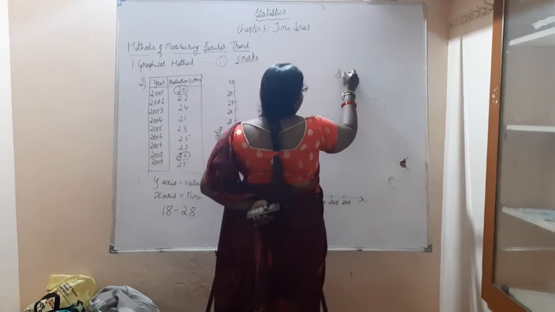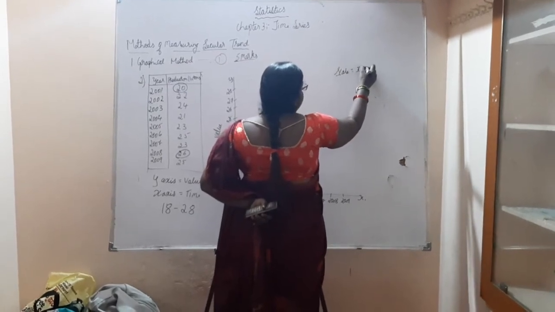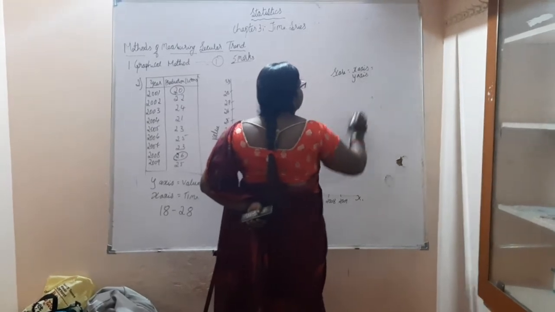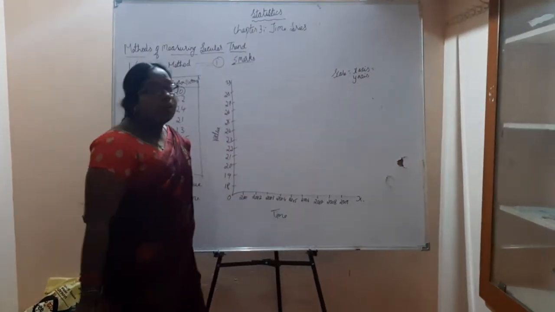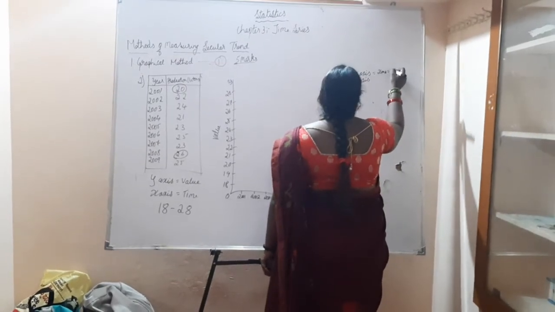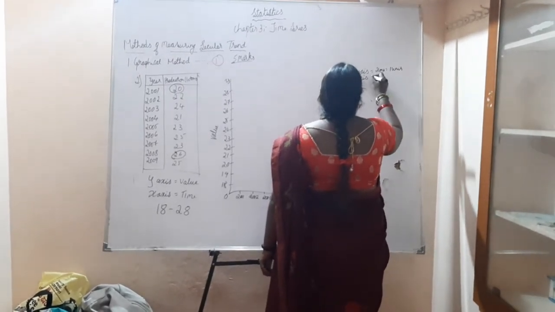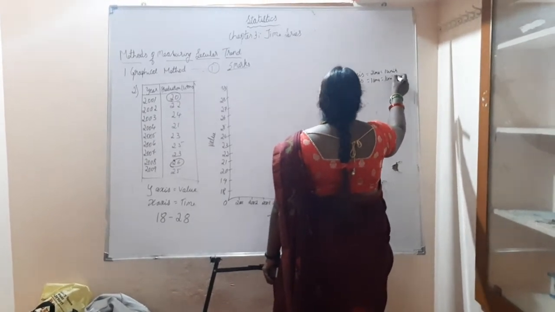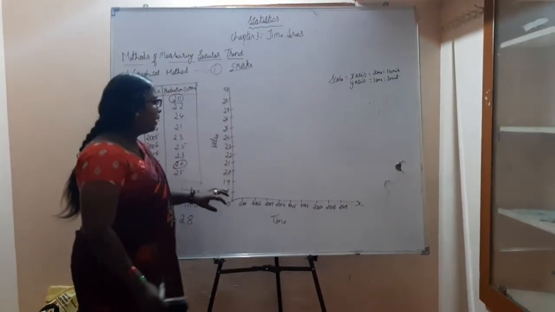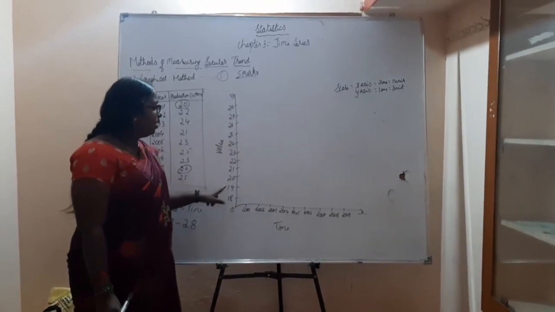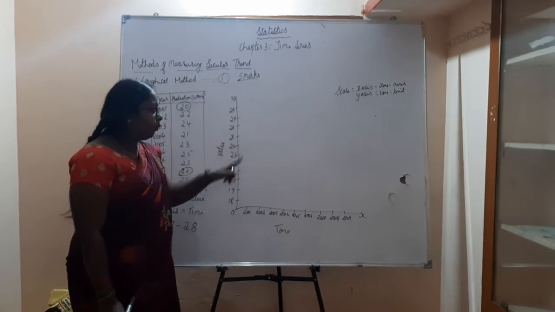This carries 2 marks. On the x-axis I am taking 2 centimeters equal to 1 unit, and on the y-axis 1 centimeter equal to 1 unit. Last class the difference was 5, so it was 5 units on the y-axis. Here the difference is 1, so it will be 1 unit.